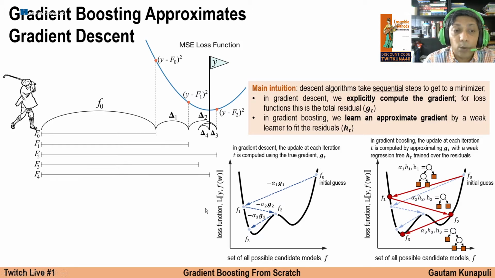So in this case, for instance, in the example on the left, you have this loss function that you want to optimize. It's a squared loss, right? A loss function essentially is going to tell you how badly you're doing or how well you're doing. So here, the squared loss is going to measure the difference between the true label, which is y, and your predicted label, which is f0, for this particular model. And then it's going to square the difference.